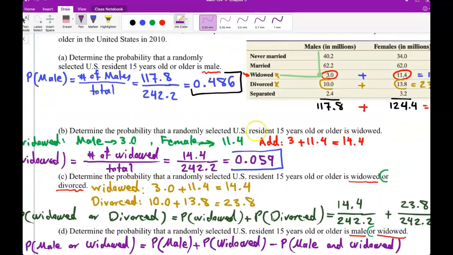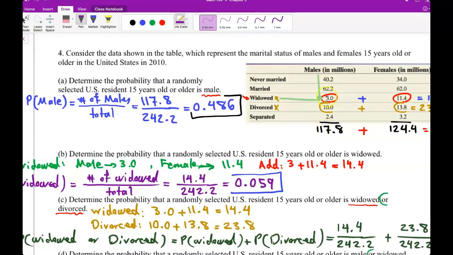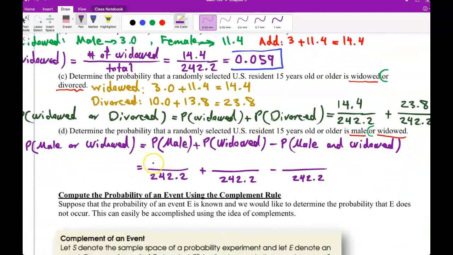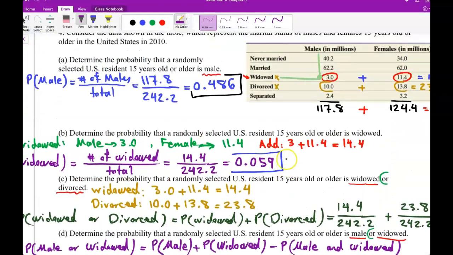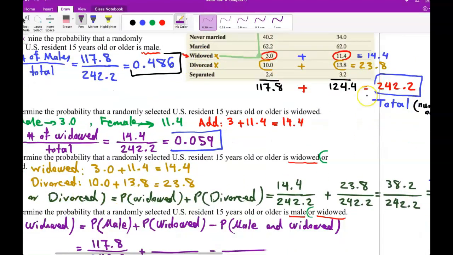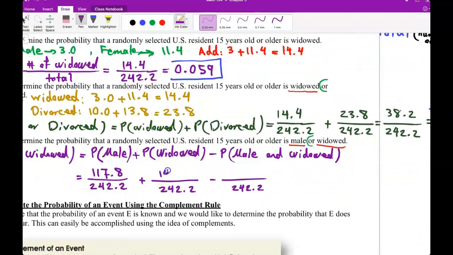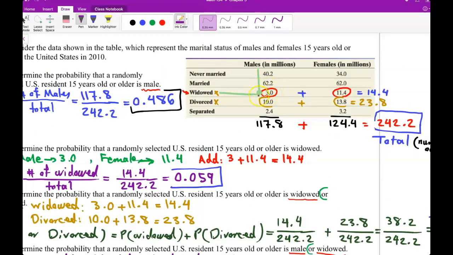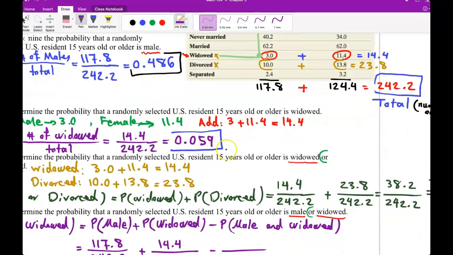Now here sum for this column for males was 117.8. For this part was 14.4. And what we had in common, the intersection between these two groups, is 3.